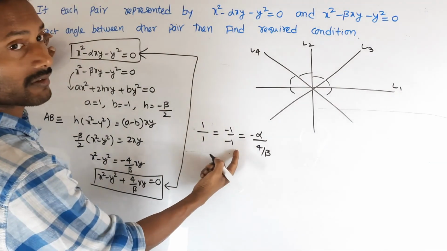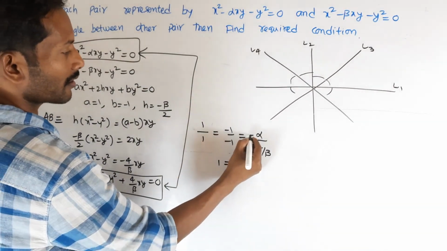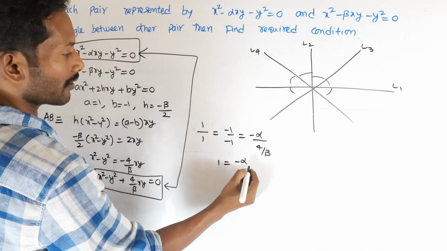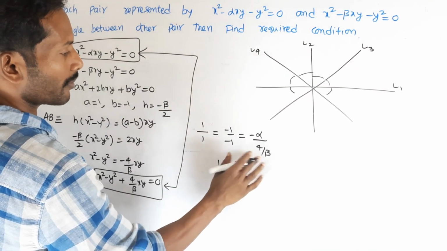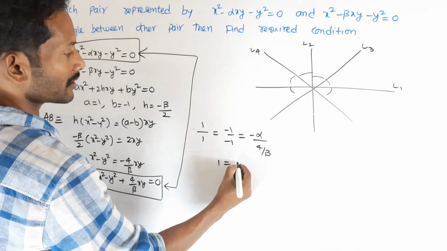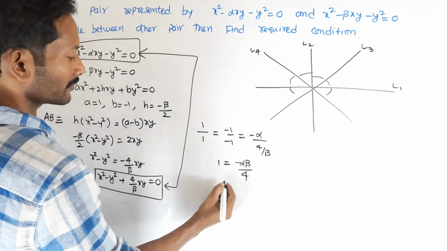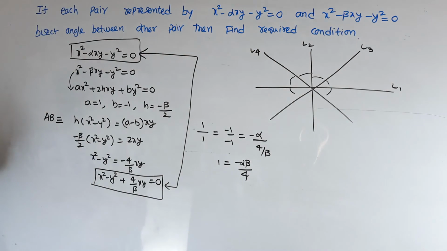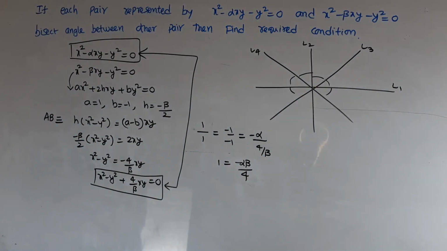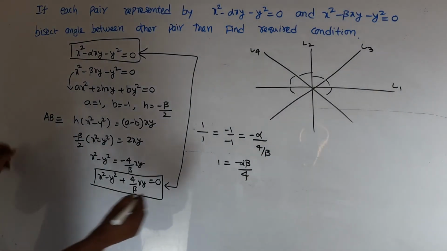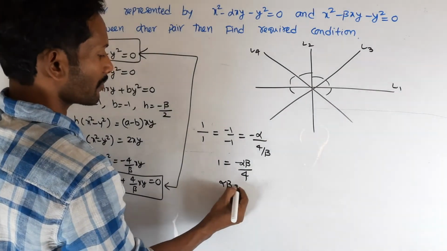This value 1, this value 1, so 1 equal to minus alpha by 4 by beta, which means minus alpha beta by 4. So alpha beta equal to minus 4.